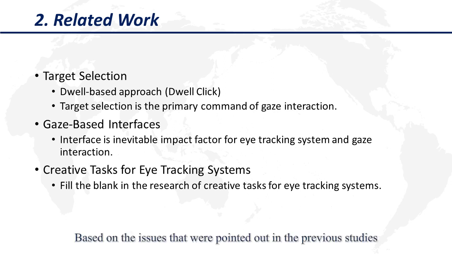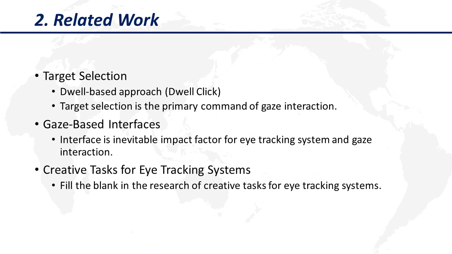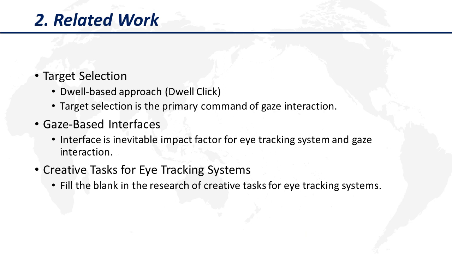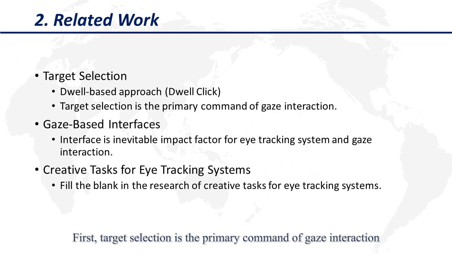Previous research in this field has identified various accessibility issues affecting eye tracking technologies and applications. Based on the issues that were pointed out in the previous studies, this research focuses on 3 important aspects: target selection, gaze-based interfaces, and creative tasks for eye tracking systems. There are many reasons for us to choose these 3 aspects. First, target selection is the primary command of gaze interaction, and it is one of the most studied topics in eye tracking research.